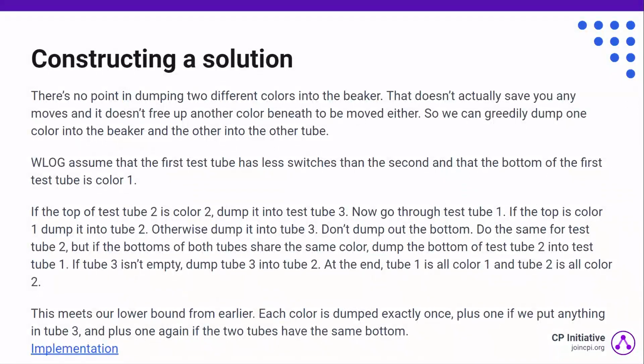So we may as well pour the top color into whatever tube it was supposed to be in. And if we pour 2 colors, it doesn't free up another color underneath both tubes to be poured either. If you play around with a lot of test cases, you'll realize that there's really no point in freeing up 2 colors.